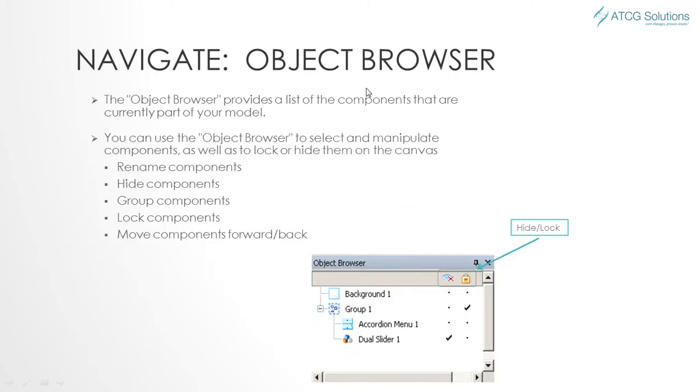Object browser provides a list of components that are part of your module. You can use this to select and manipulate components, such as giving a new name, hiding components, grouping and locking components, moving components forward or back.